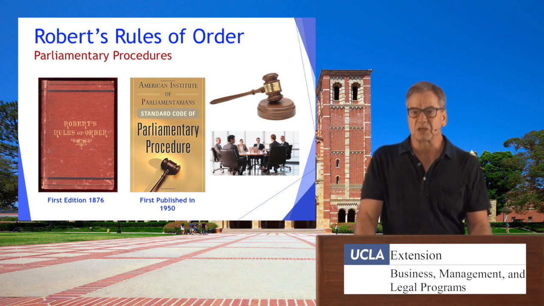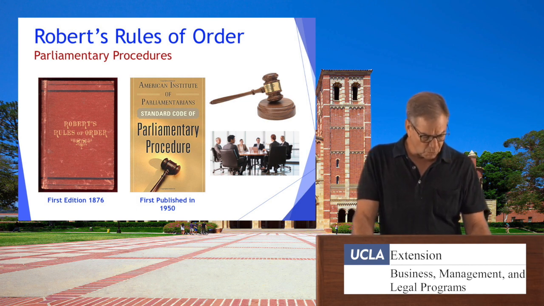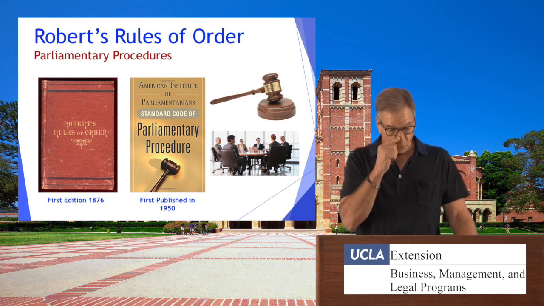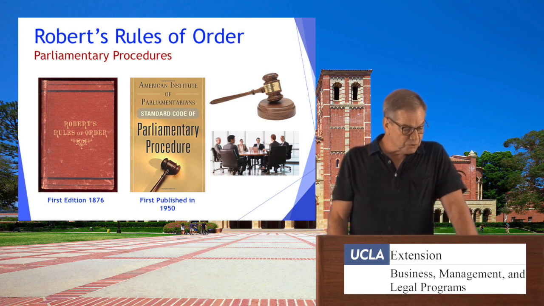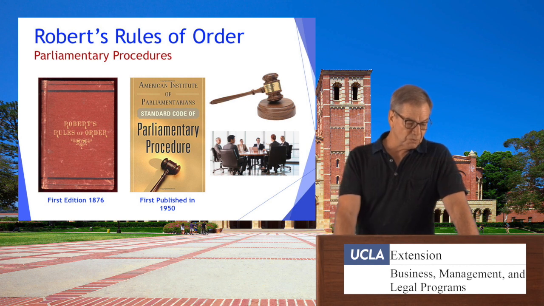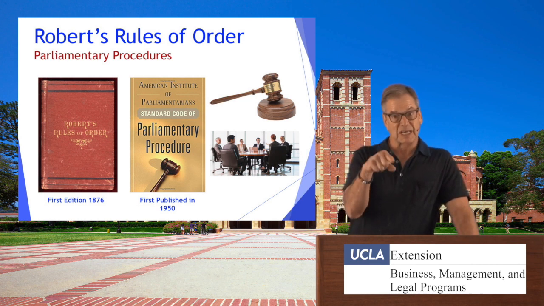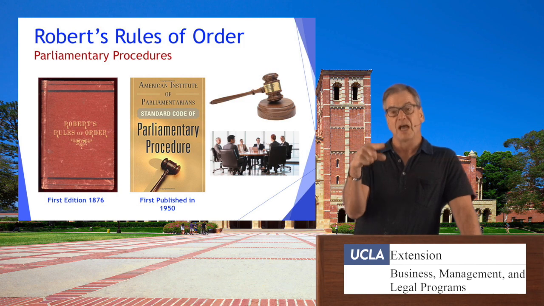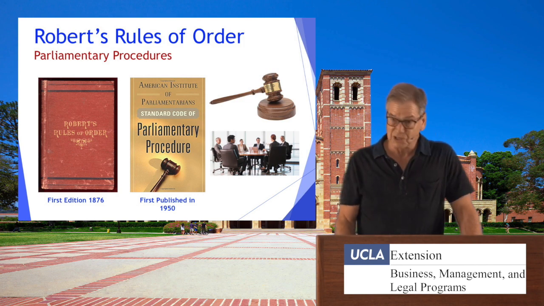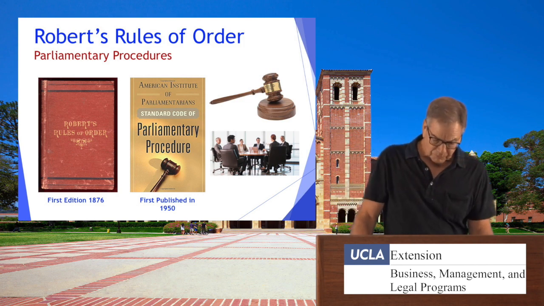As we get into the subject matter, I think you all want to be aware of what's referred to as Robert's Rules of Order. The very first version of Robert's Rules of Order was published in 1876. Bear in mind, the American Revolution was 1776, so this is exactly 100 years to the year after the American Revolution, just by coincidence.